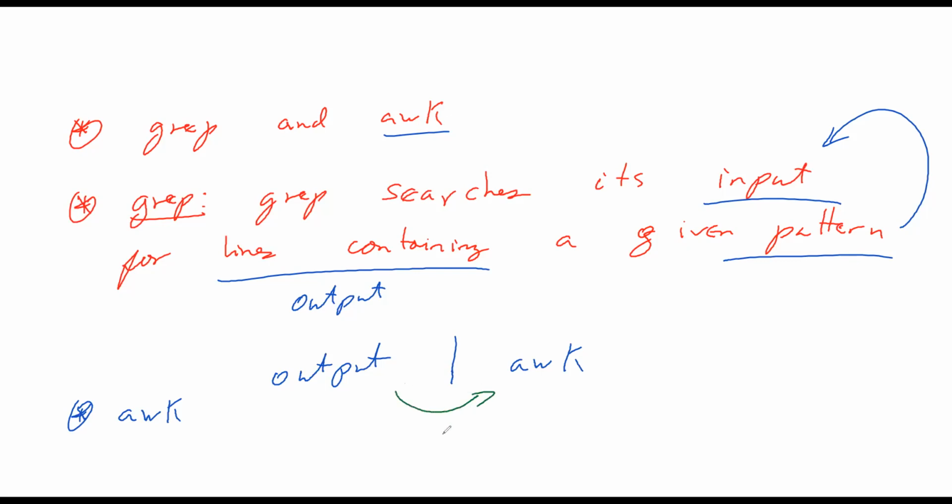So then what is awk? That's the next thing we want to define: what does awk do with the output? But here the idea is that grep is a tool, which we've used already a couple of times, that searches its input for lines containing a given pattern.